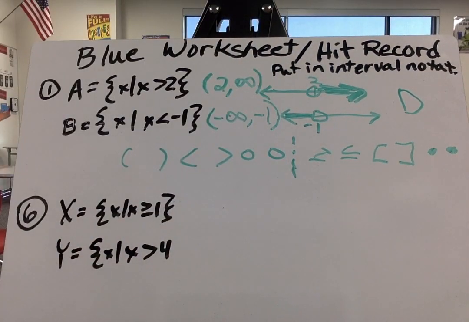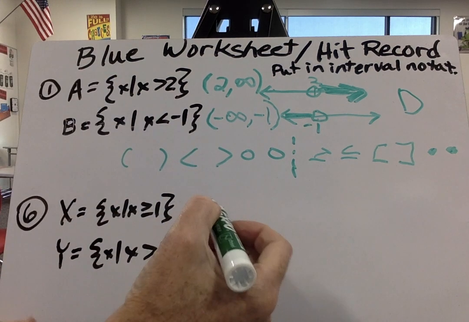Okay? Next, I'm going to jump to number 6, where we have an X and a Y. X such that X is greater than or equal to 1. And Y, oh, that is not a good one to do. Oh, well, I'll just do it anyway. I wanted a greater than or less than 1, but x such that x is greater than or equal to 1.